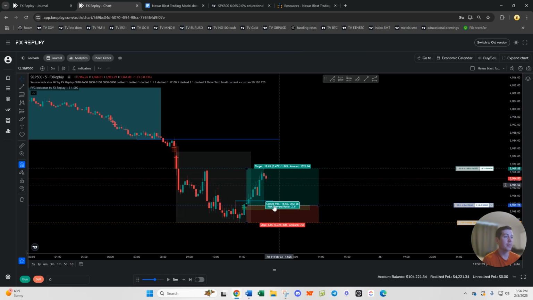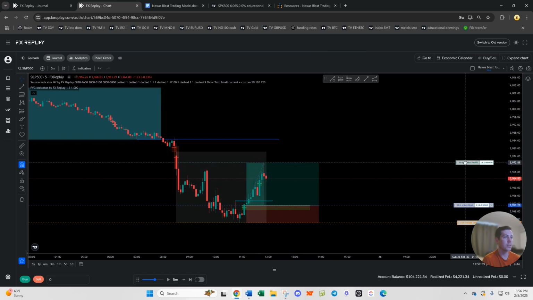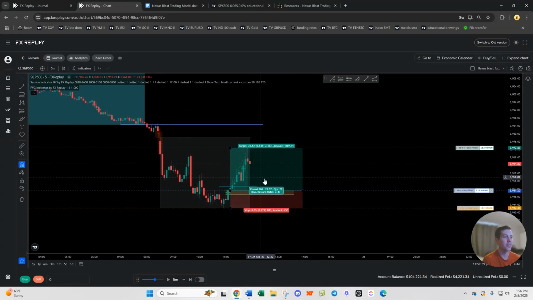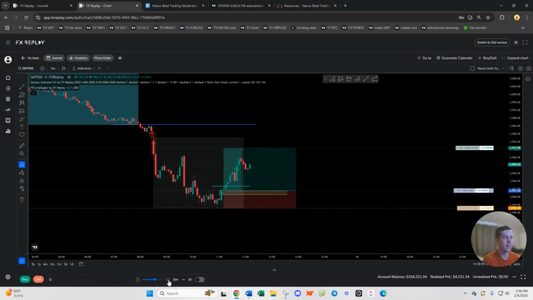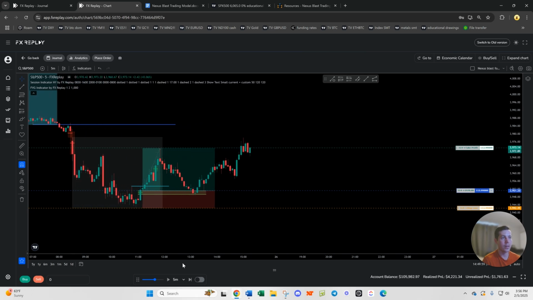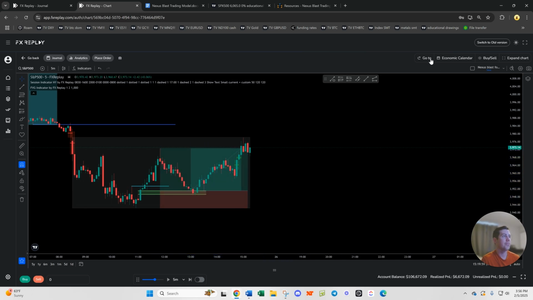So we made a higher high, but we have not been tagged in yet. I would probably adjust my take profit to this new high now, which you can do with just adjusting the levels on the charts. And as long as it doesn't take out this London high before it tags us in, this trade's still valid. So we get tagged in a little bit later, and then it runs to our take profit. So had to be a little bit patient on this one, but it ended up playing out and being a nice win.